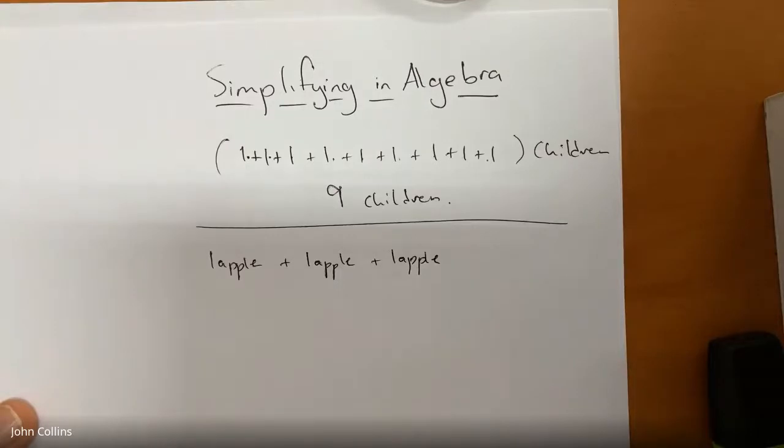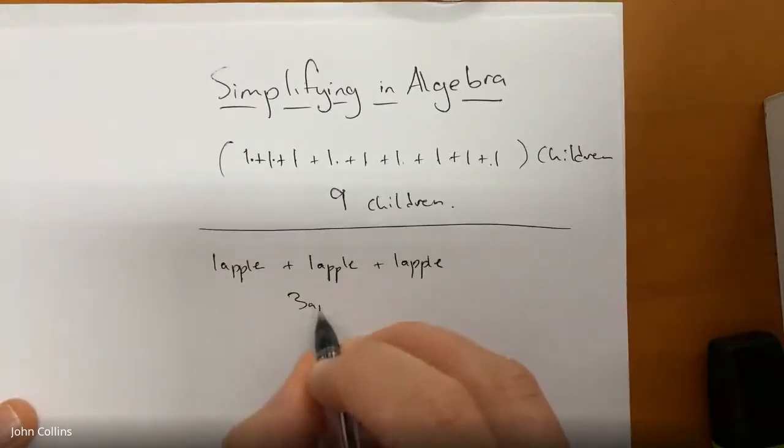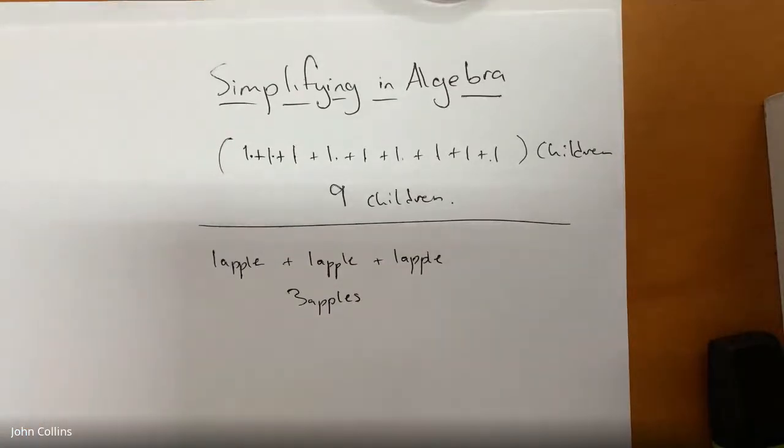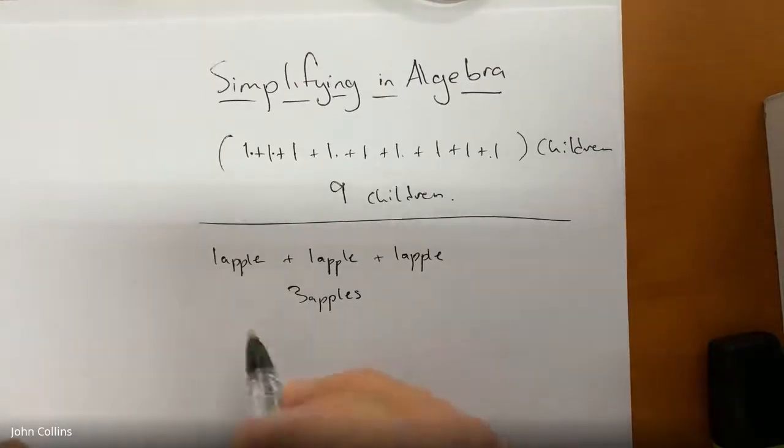You left the house with 3 apples. So you just combine them together. Although they are all separate entities, I suppose, 3 separate apples, you would combine them together to get 3 apples. And that's what we're going to do for algebra.